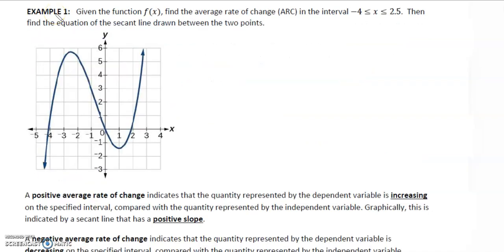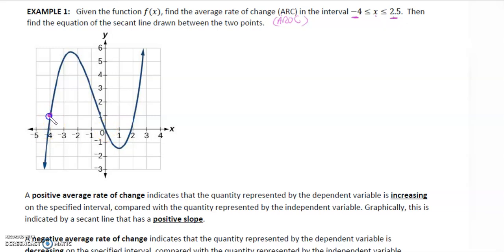Example 1, given the function f of x, which is going to be this graph here, the blue graph, find the average rate of change. We can call it ARC, and I will call it out loud "a rock". The average rate of change in the interval when x is between and includes -4 and 2.5. I'm going to stop there for a second and locate x as -4.